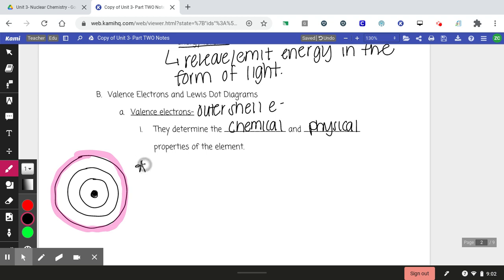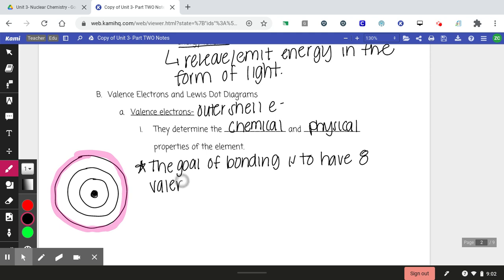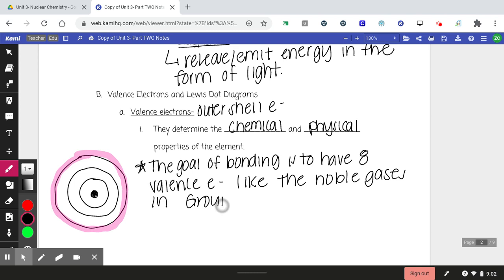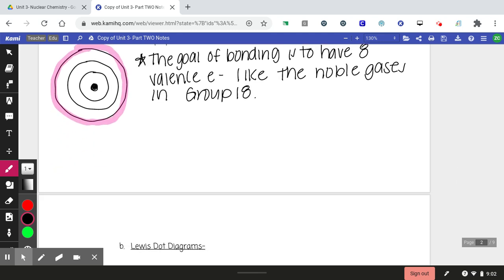So the goal of bonding, which we'll get into, is to have 8 valence electrons, like the noble gases in group 18. They have 8 valence electrons already, which is why they typically don't really bond. Okay, so that's valence electrons.